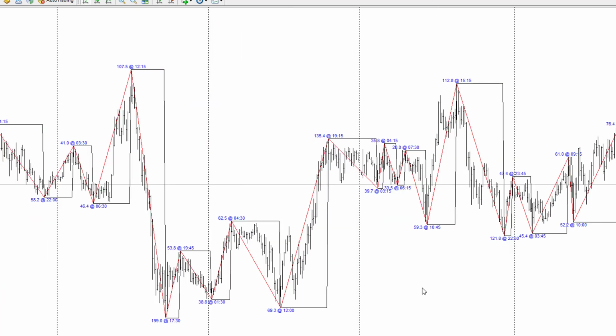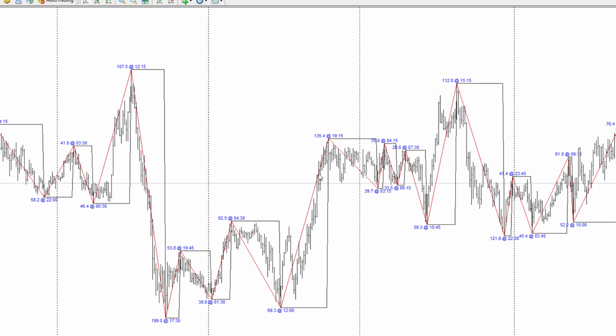Now, the other thing about using this tool is that it's not necessarily the time when the trend changes that's important. It's when there were reliable trends in place. So although this trend might have started at 12 o'clock, this trend was valid between 12 o'clock and 1915 hours.